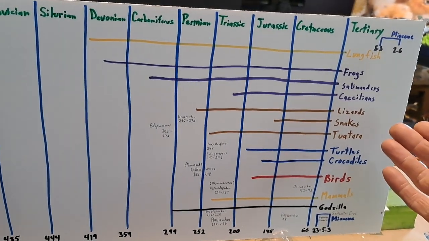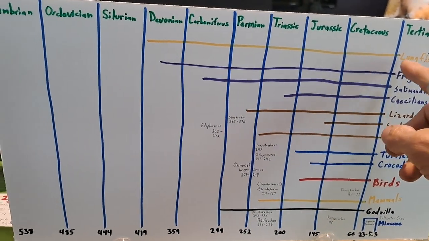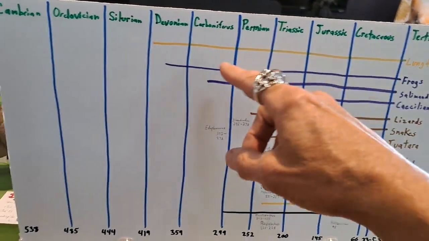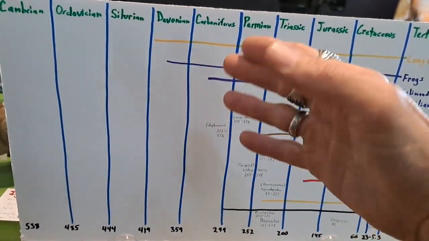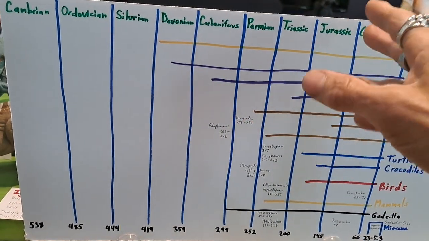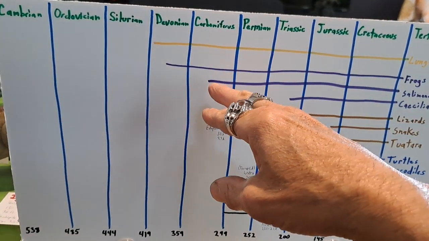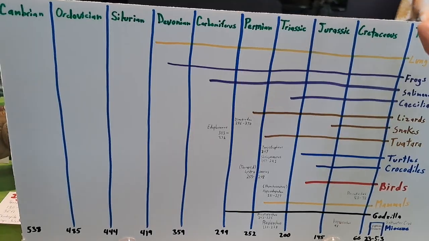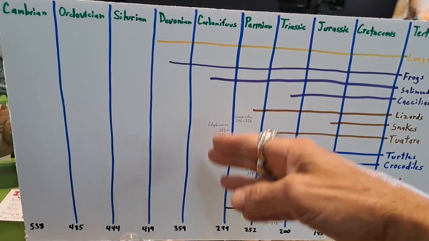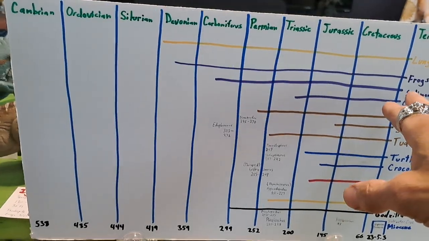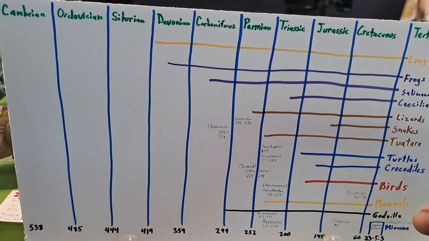Okay, but you can see the lungfish goes all the way back to 400 million years ago. Frogs are somewhere around 370, 380 million years ago. Salamanders are a little bit more recent. Frogs came before salamanders, so salamanders are right there, probably about 340 million years ago, somewhere around that.